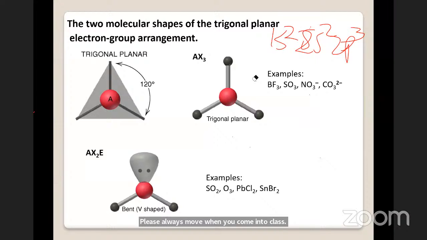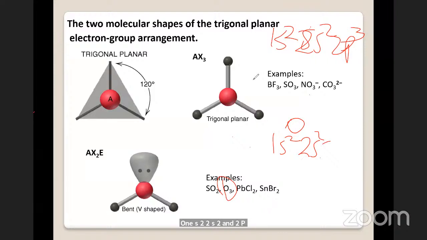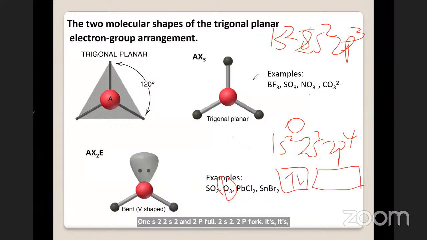I'm trying to use the case of oxygen to explain. Oxygen is a central atom, 1s2, 2s2, and 2p4. Its hybridization will be 1, 2, 3, 4.